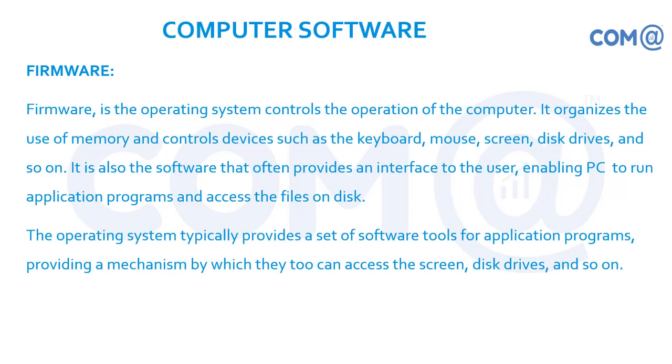So this recognizes all the hardware and informs the operating system to provide the required driver software for the particular hardware. So this will have a minimum set of hardware to make the device work. So that is the firmware.